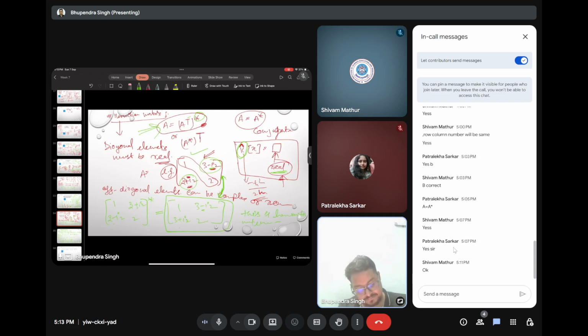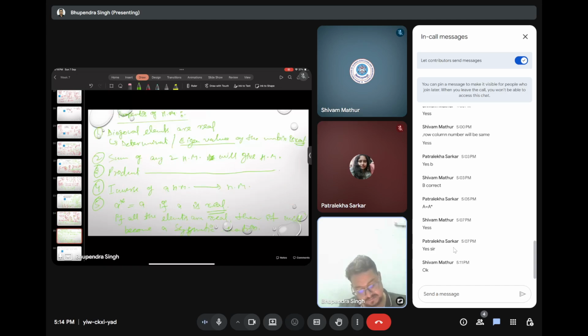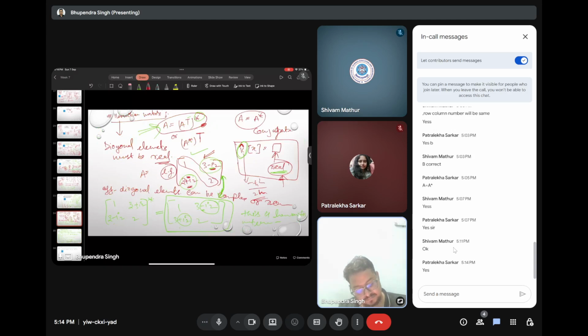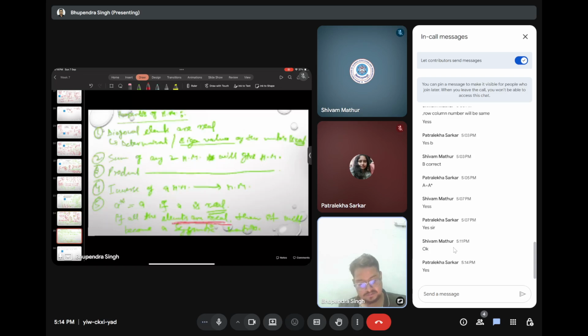See, if these were not here, that is what the condition is. If all the elements are real, then obviously the i2 and minus i2 will go away. So you will get the symmetric matrix 3, 3, and the diagonal elements will remain, no problem. So symmetric matrix.